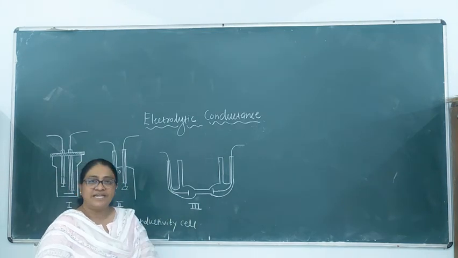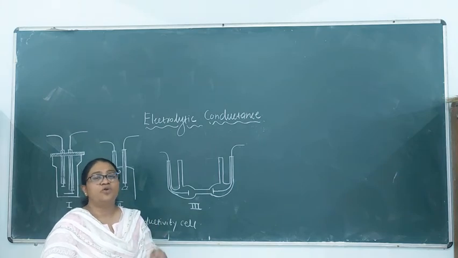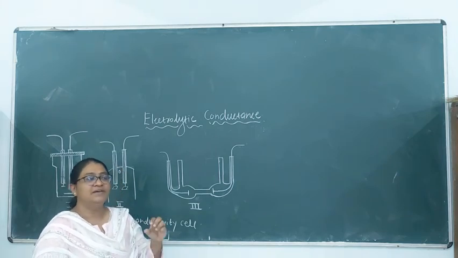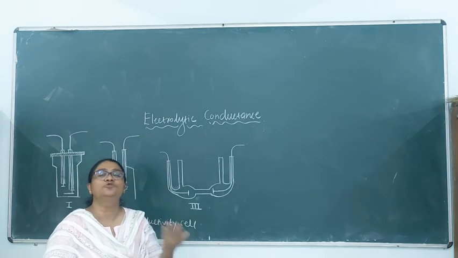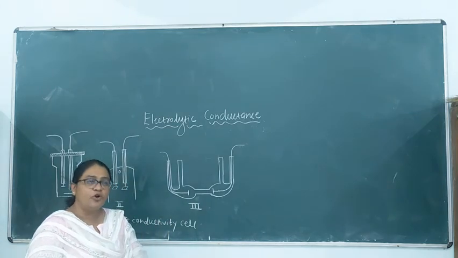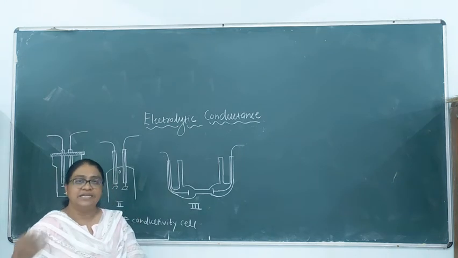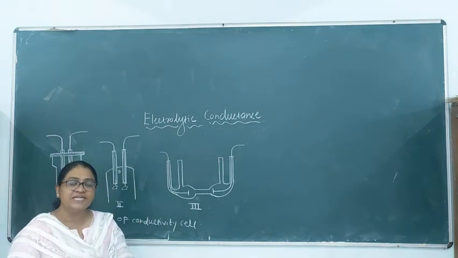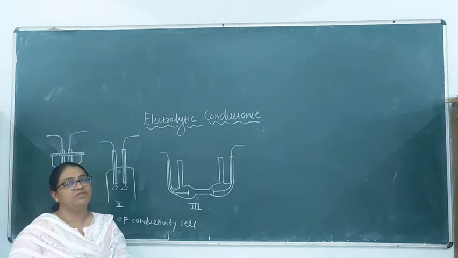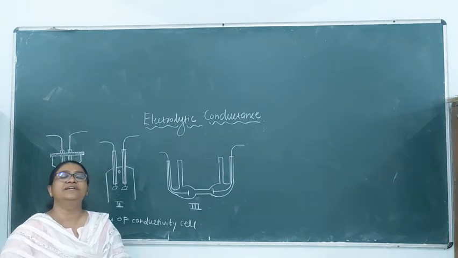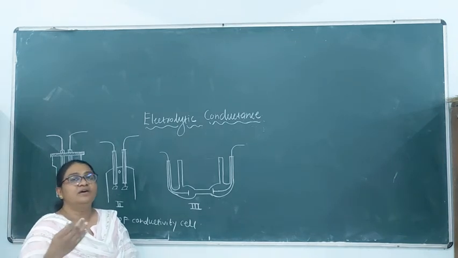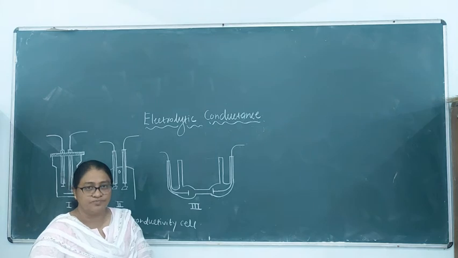From this conductivity cell, the resistance of the cell is measured, the resistance of the conducting solution is measured, and from the measurements of resistance we can calculate the conductance, specific resistance and the equivalent conductance. These all quantities can be measured if the resistance of the solution is known.